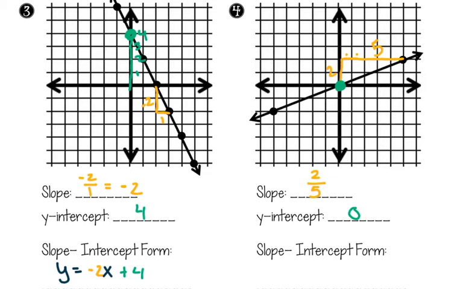So this time my equation is y equals 2/5 x. We would say plus 0, but I don't need to write 0 at the end. So the way we write it when our y-intercept is 0 is just y equals 2/5 x.